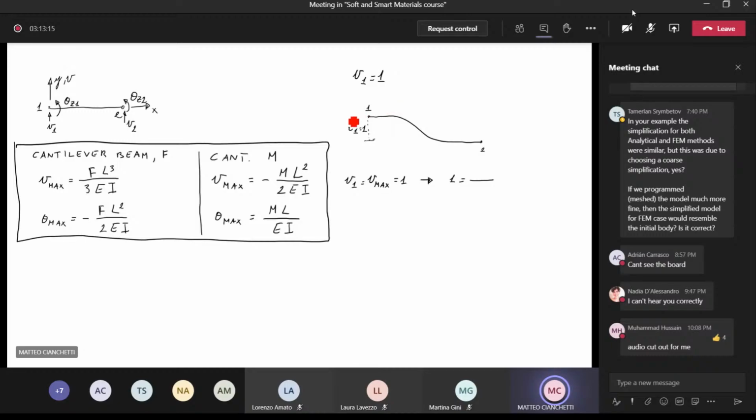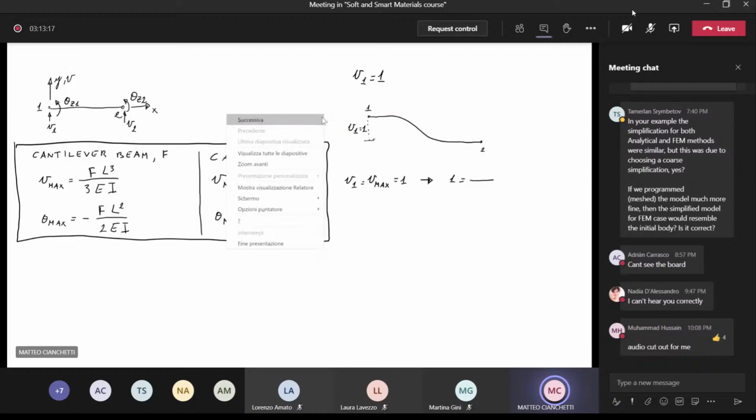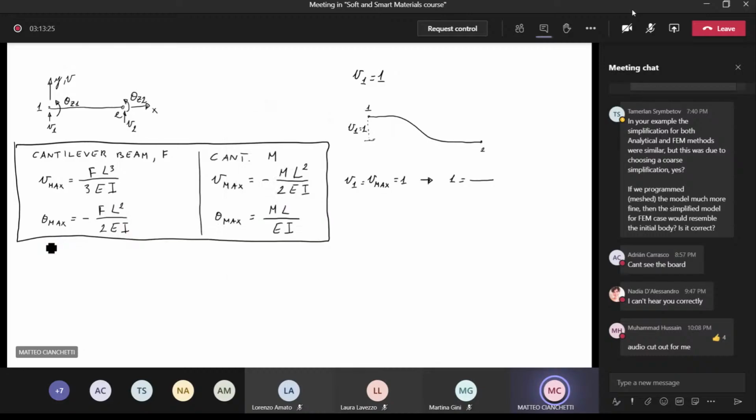And we were speaking about how to study that using the equations that we know about the cantilever beam, set by the Euler-Bernoulli equations. So we set here the degree of freedom that is, let's say, activated, that is V1 equal to 1.